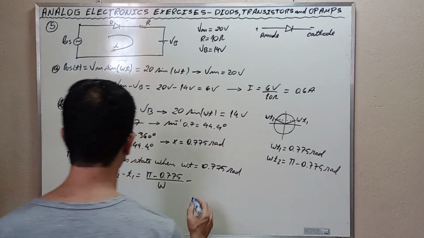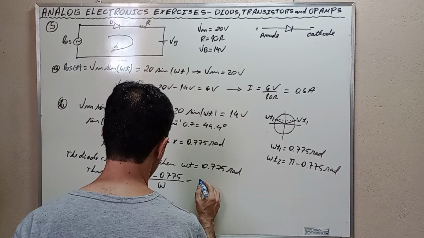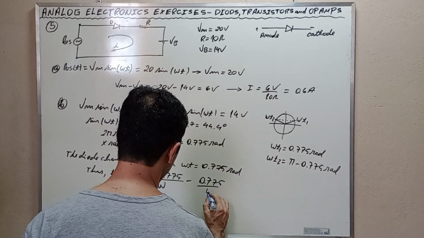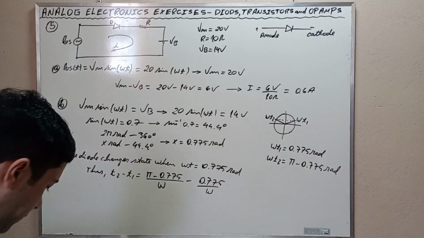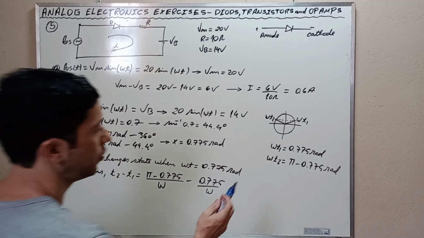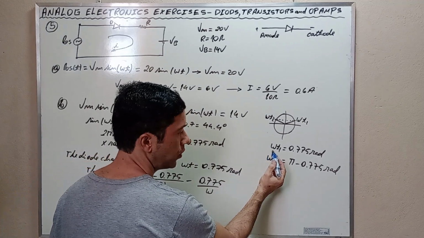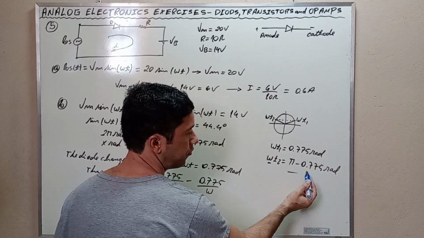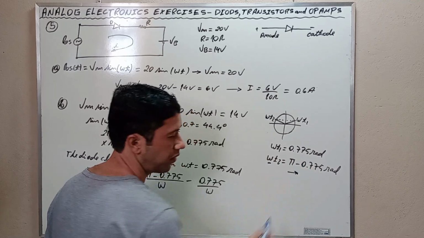T1 is 0.775 divided by W. We have W here, we simply pass the dividing.